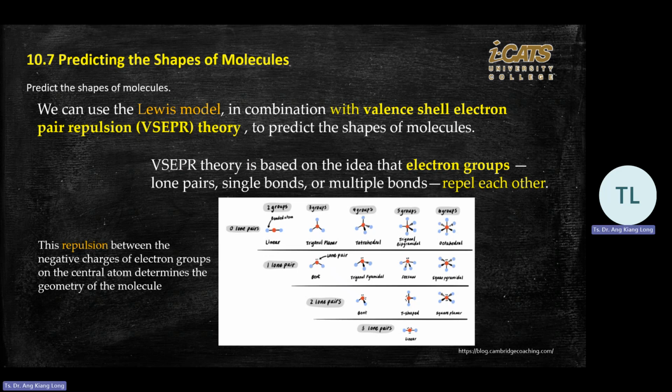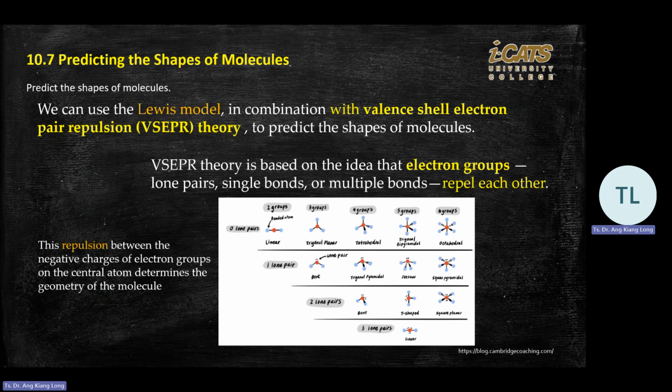If you have 3 pairs, it will distribute equally, becoming trigonal planar. This is just an illustration, but you're given a table later. If you have 4 groups with 0 lone pairs, it means a complete stable sharing of electrons, no lone pairs.